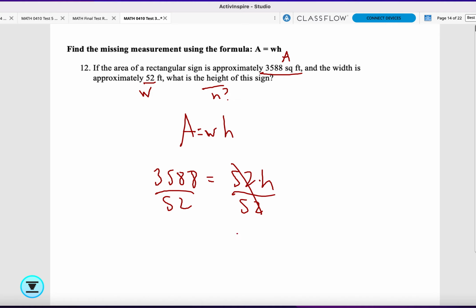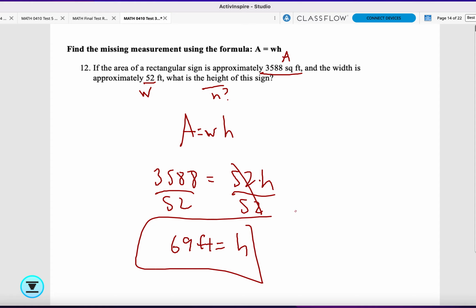And then we get the height is equal to this fraction. So I'm going to plug that into my calculator. And however your assignment wants you to enter it, that's the way you're going to divide it. So now I have 3588 divided by 52 is 69. So the height is approximately 69 feet. Thank you, guys.